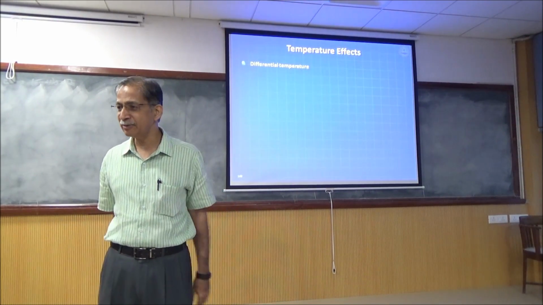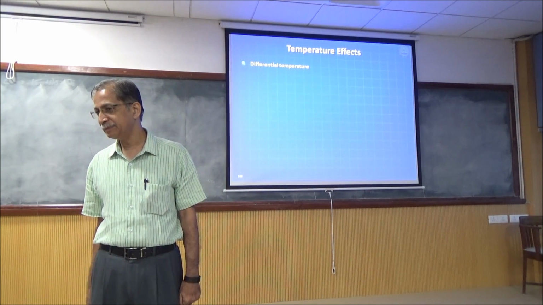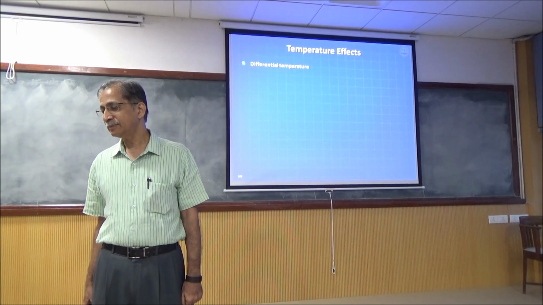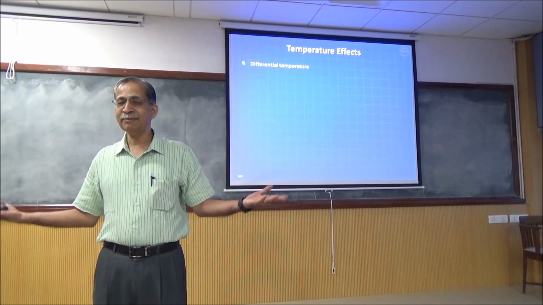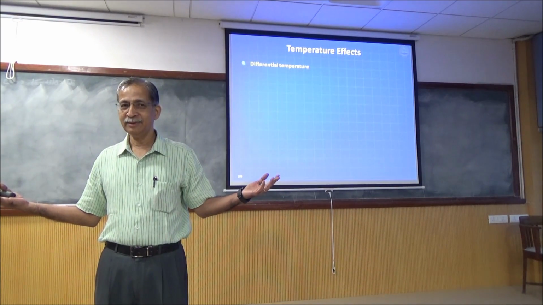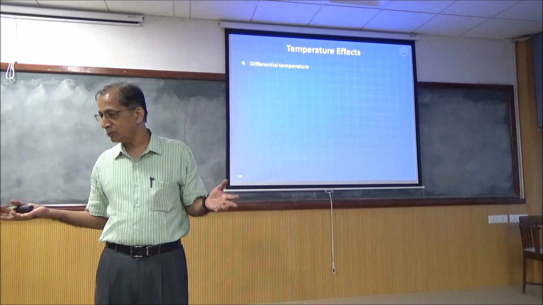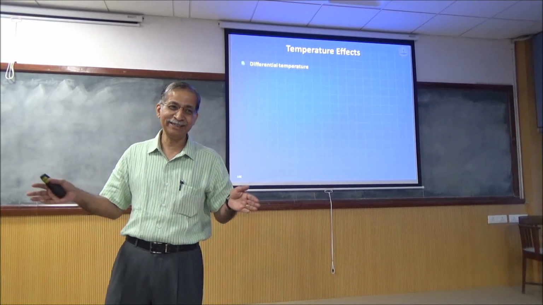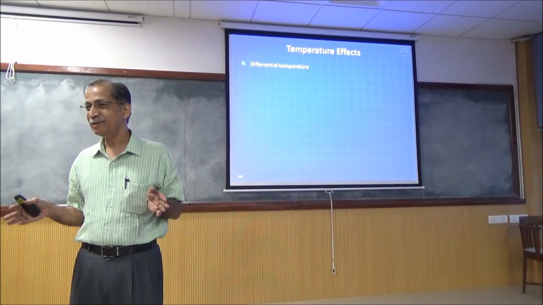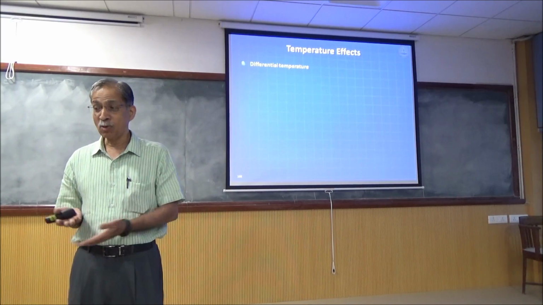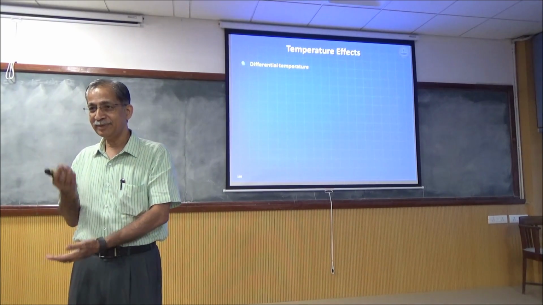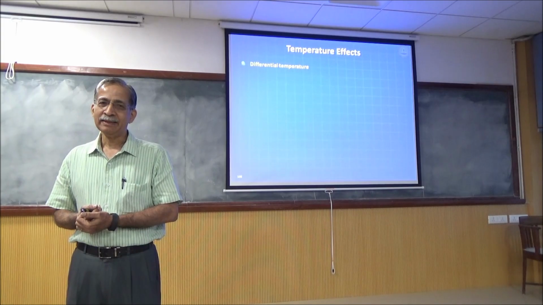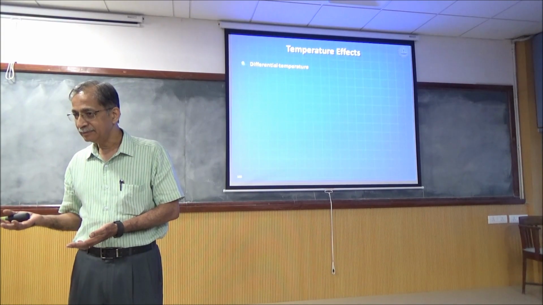What's the seasonal variation of temperature in Chennai? Give me the degrees. 20 degrees what? Fahrenheit? You always finish your sentence. Celsius. 20, 25, with global warming it's going up. Delhi?